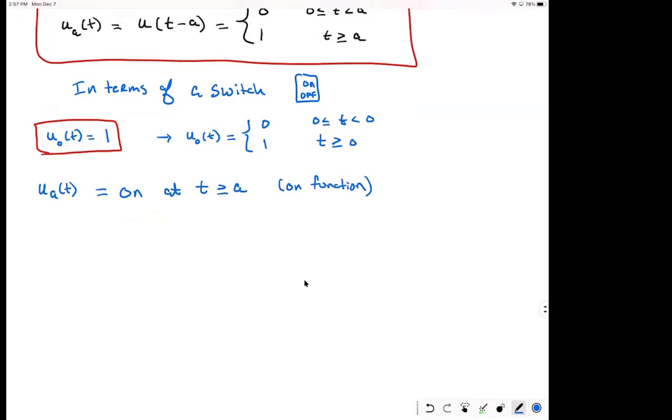If I drew a picture, I would have u sub a of t, and this is 0, and this is some spot a, and 1 up here. My function would be off from 0 till I get to that spot a, and then it gets engaged at a, and it's on. This change is happening instantaneously.